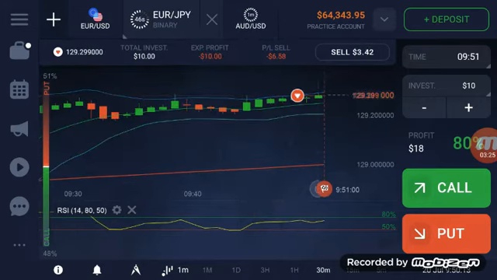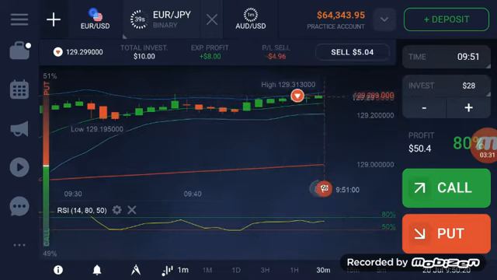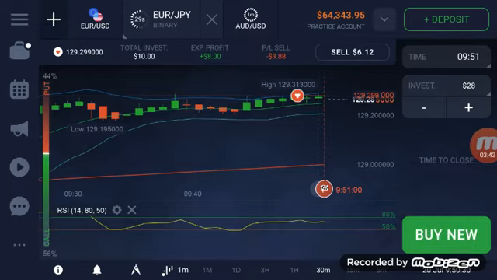I have 45 seconds left on this trade. It looks like I'm not going to win it, so I'm changing my investment from now. Well, JPY is kind of... the movements are very frantic, drastic, all of a sudden you just get a big movement.